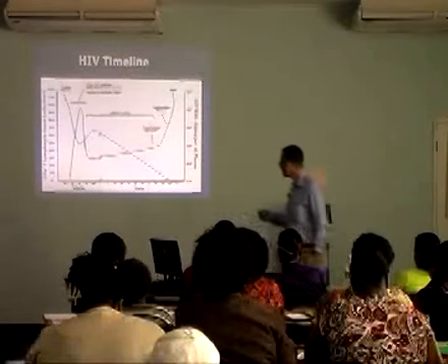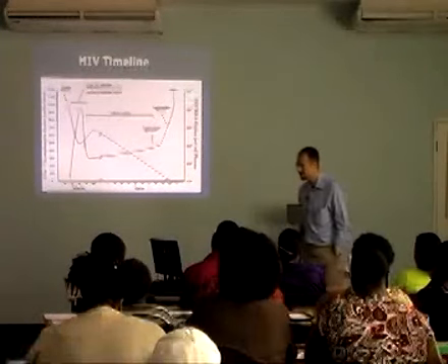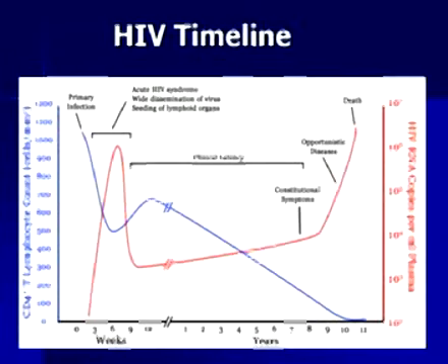So then what happens? Patients reach this stage called clinical latency, where HIV is continuing to replicate in the body, and the patients sort of are at what we call a set state. The viral load eventually drops down to a certain level and slowly climbs with time.